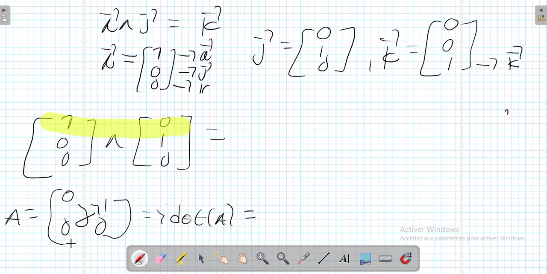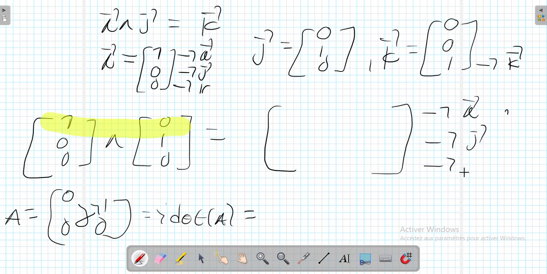So how do you find the determinant of A? Major minus minor. When you're finding it, you know that the vector product should give us another vector, so that vector will have three components: the first, the second, and the third. How are you going to find the first component? You cancel out the first element, then you carry out the determinant of the remaining elements.